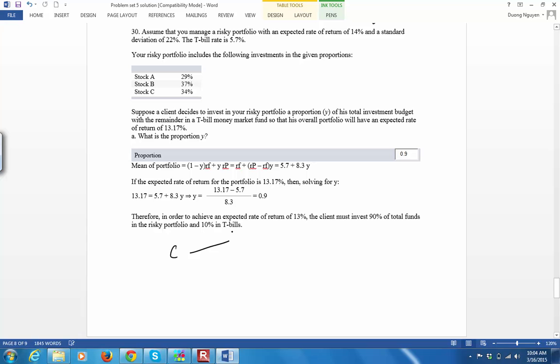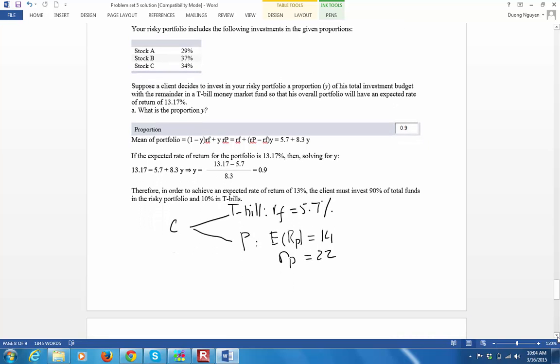So your complete portfolio is a combination of T-bill, which has a risk-free rate equal to 5.7%, and portfolio P, which has an expected return of 14 and a standard deviation of 22%. Suppose that as a client you want to have the return ERC equal to 13.17%.